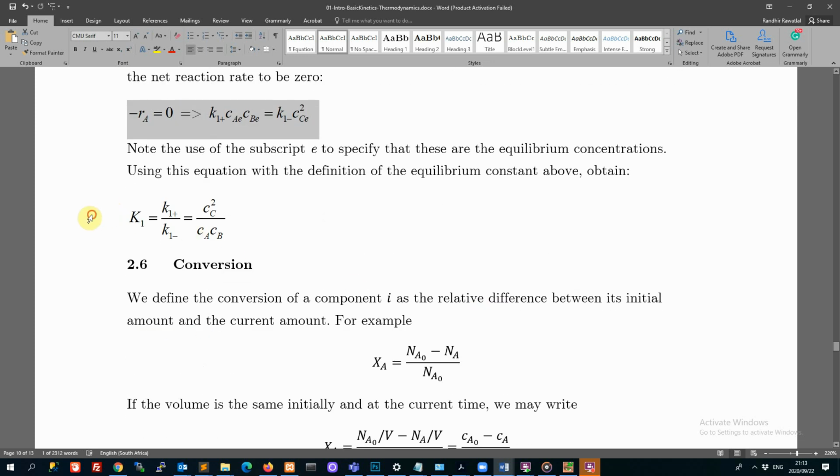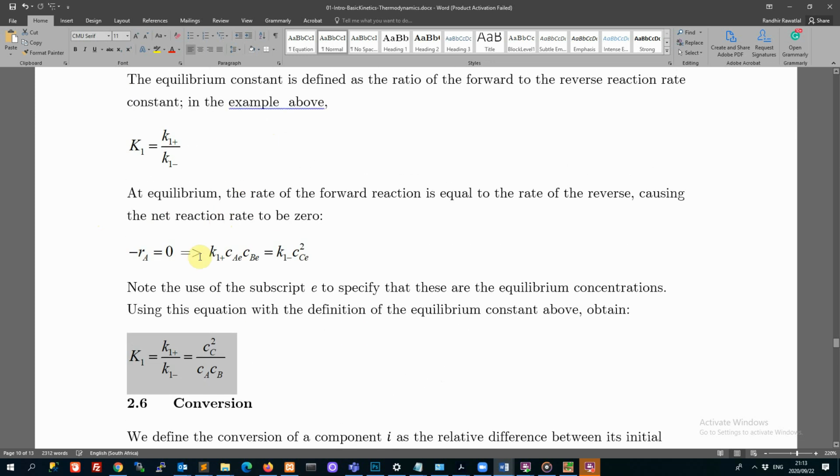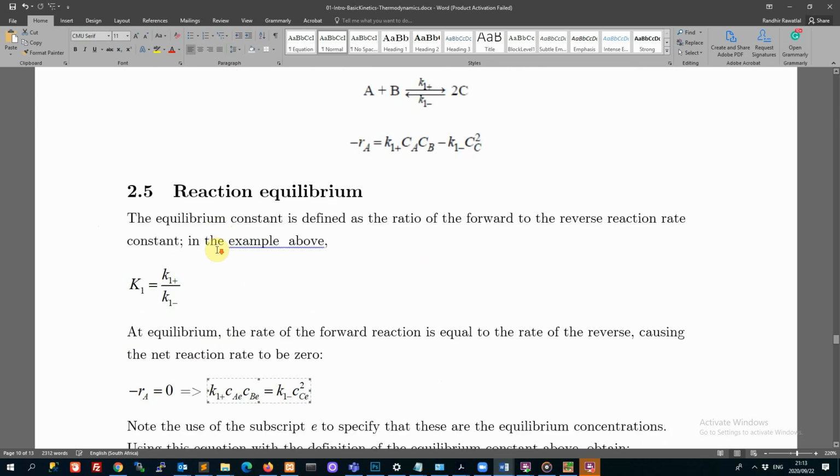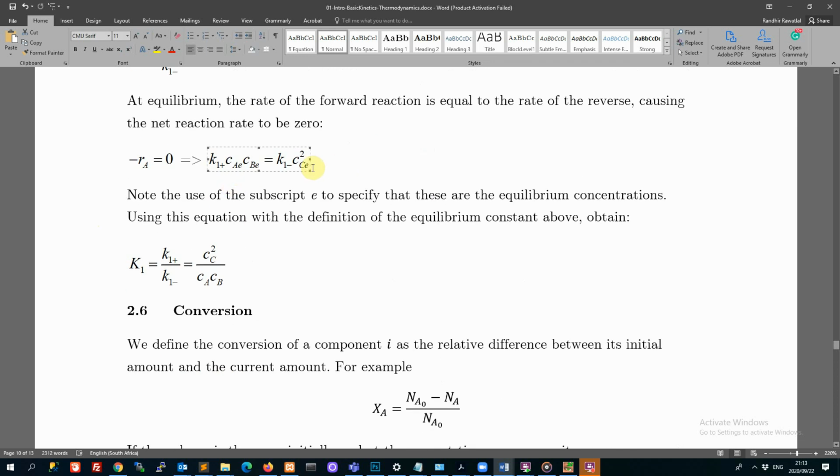We can also say that if at equilibrium RA equals 0, then we can equate these two terms. So 0 there, take one term across, you can equate them and say those are special numbers. Then you can rearrange this. You can say K1 plus divided by K1 minus, and then take this thing across to that side.